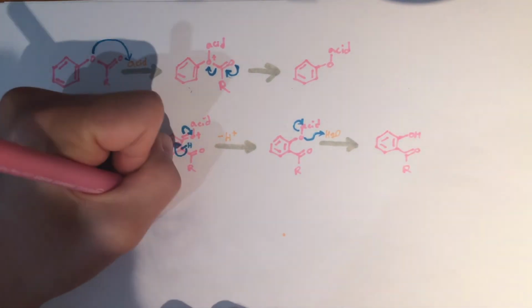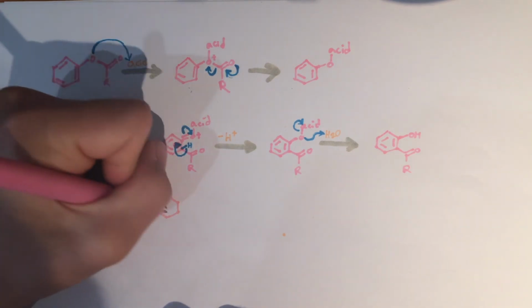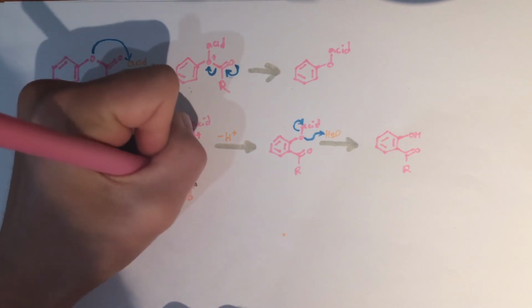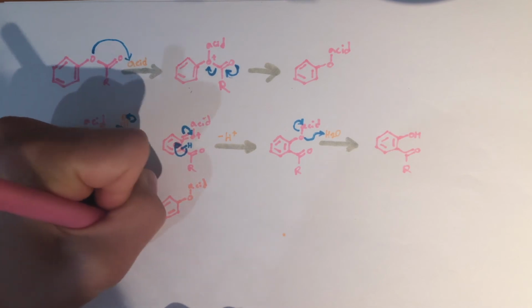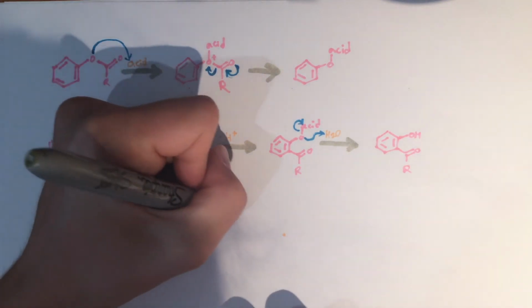So you get a para functional group. So you have the acid and that. And then the same thing happens.